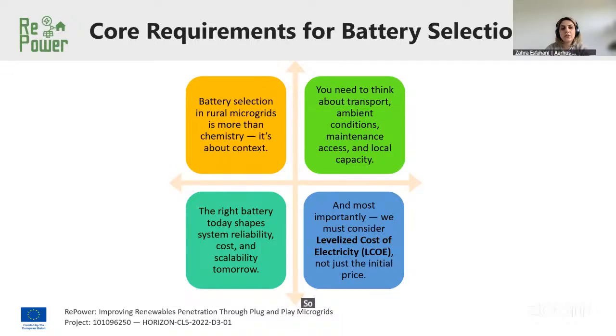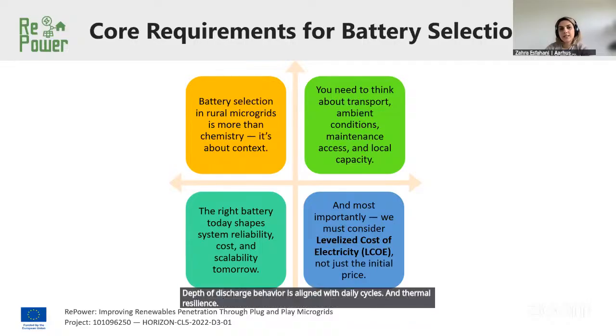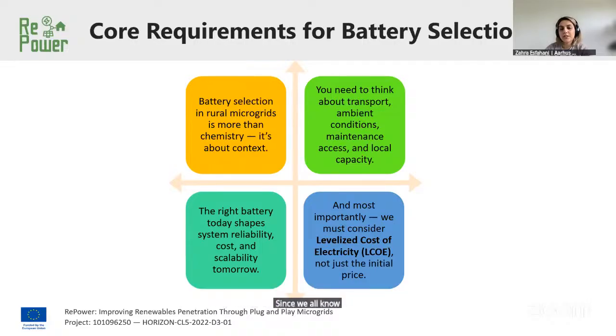So we need to be sure that C rate is compatible with load dynamics, depth of discharge behavior is aligned with daily cycles, and thermal resilience, since we all know ambient temperatures in rural Africa may exceed 45 degrees, and also cost and logistics. So when we select the battery chemistry or the battery itself, we have to assess them using levelized cost of energy, state of health modeling, and aging simulation to guide selection.